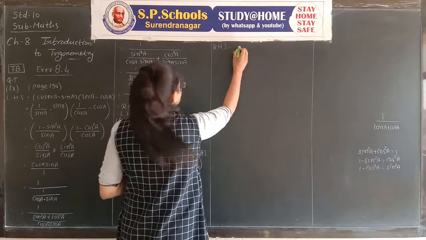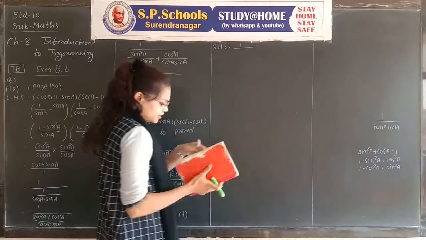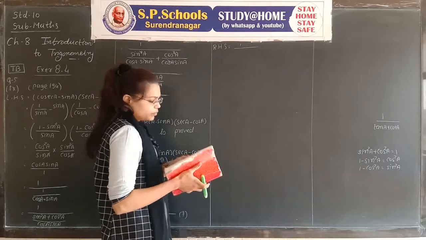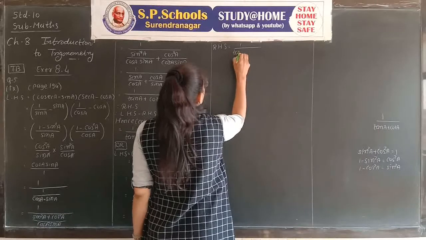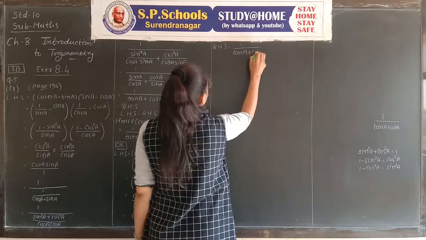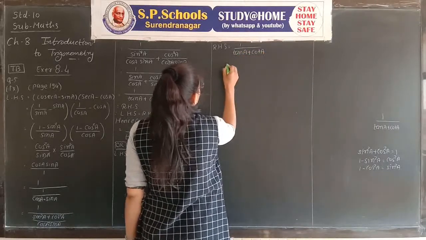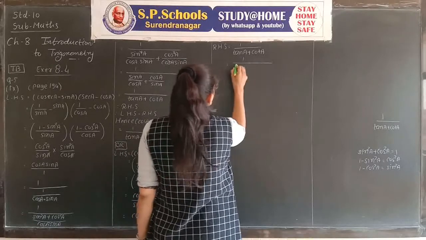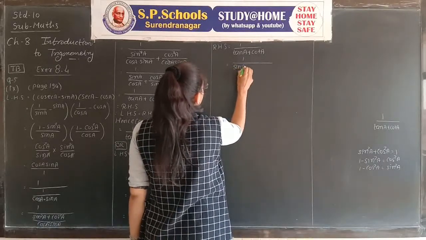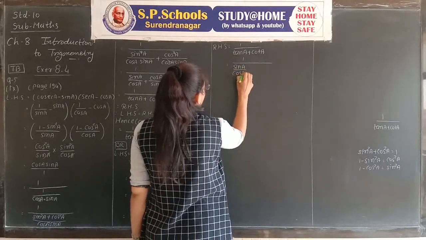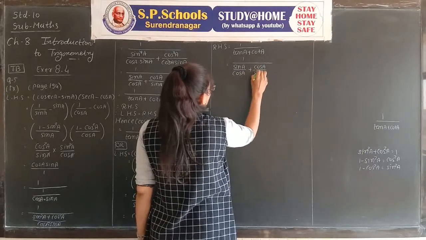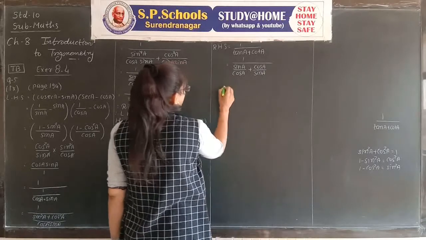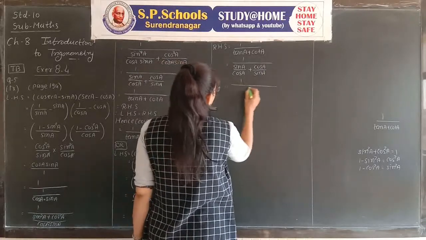Our right hand side is equals to 1 upon tan A plus cot A, which is 1 upon sin A upon cos A plus cos A upon sin A. Now take the LCM in denominator.